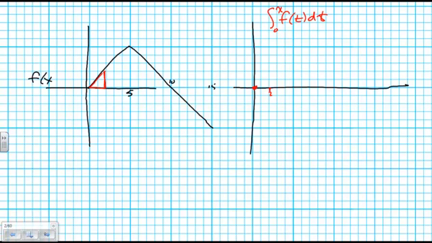Okay, so when I'm at 2, I'm there. Okay, what about when I'm at 4? Which would be the area of that blue triangle. 8?